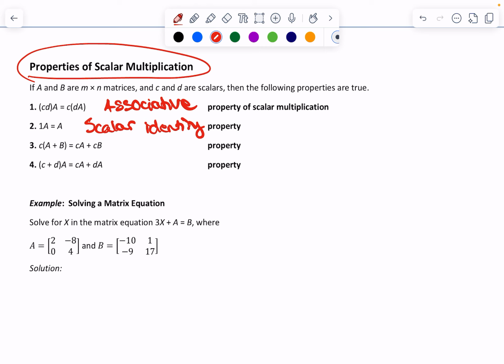Okay, next one, we have c, and then we've got matrices A and B inside parentheses. We can multiply c times matrix A and then add c times matrix B. This is the distributive property.